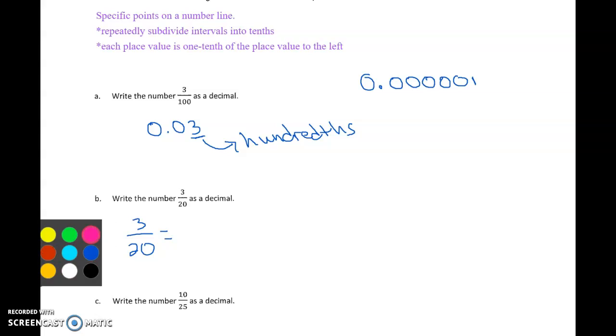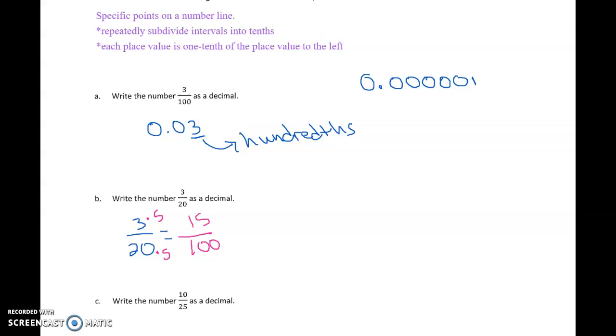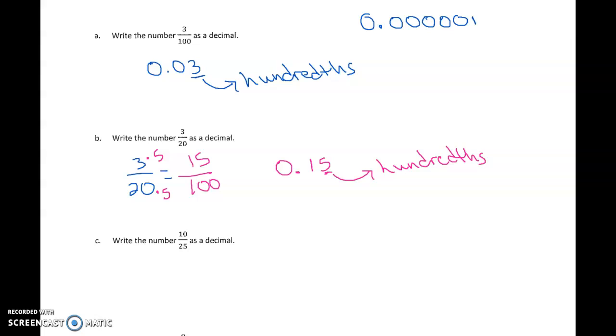But what if I multiplied by 5? 20 times 5 is 100, and that's an equivalent fraction as long as we also do it to the top. 3 times 5 is 15. So this is 15/100ths. When we write that, the 5 goes in the hundredths spot, so the 1 is in the tenths. 15/100ths.